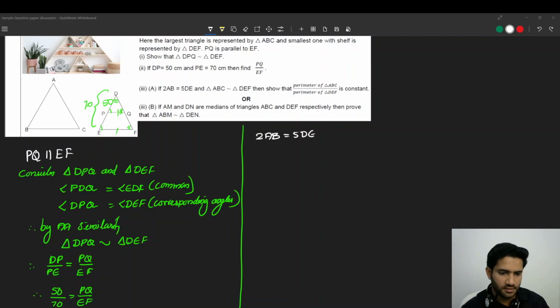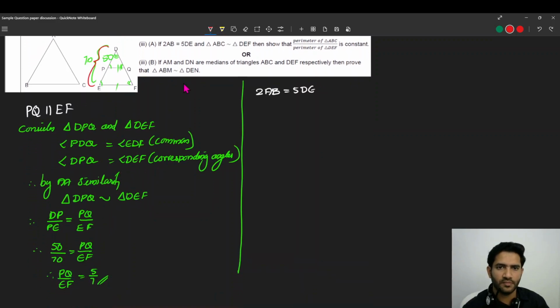Look at here. We have made a mistake in the previous question, because there PE is given, not DE. We wrote DE as 70.